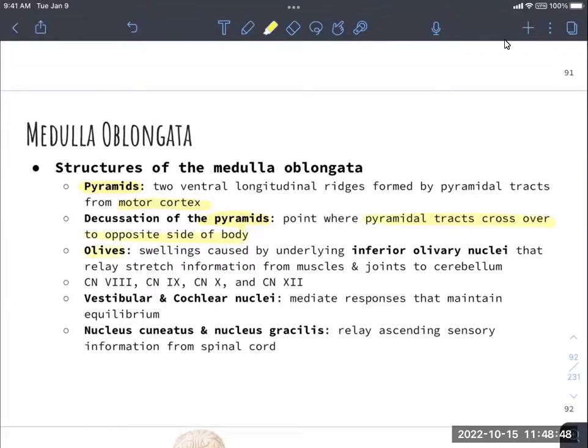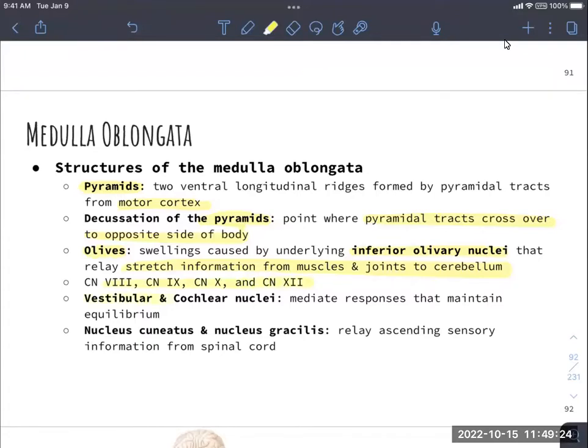We have olives in our brain. These olives, we have an inferior olivary nuclei, stretch information. So as you're walking, as you're moving, it relays how muscles stretch, how your joints move up to your brain. We have cranial nerves 8, 9, 10, and 12 coming out of the medulla.